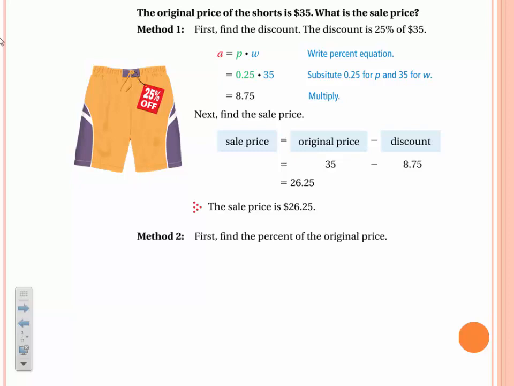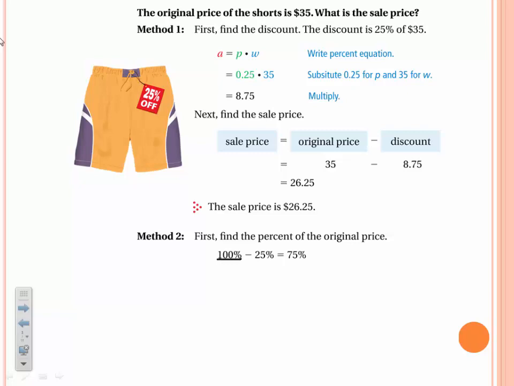So the other method is to really think about the percentage. So because the shorts are 25% off the original price, the original cost of the shorts is 100% of whatever that amount is, which is $35.